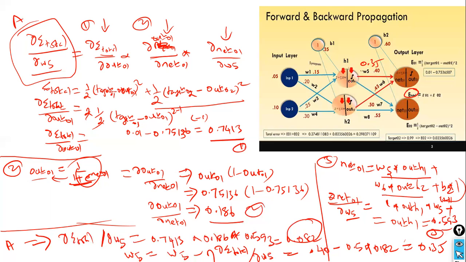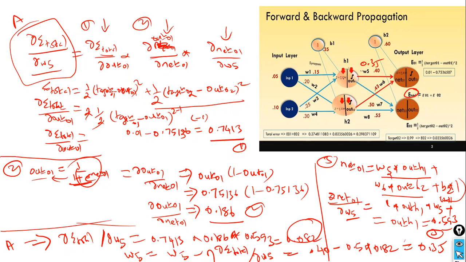In this case, the error, right? So dou E total depends on dou out H1, and dou out H1 depends on your dou net H1, and your dou net H1 depends on your W1. Okay, you need to take the partial derivative.